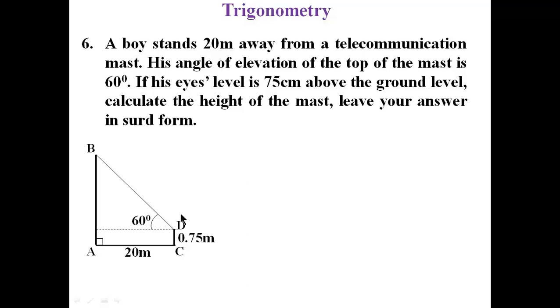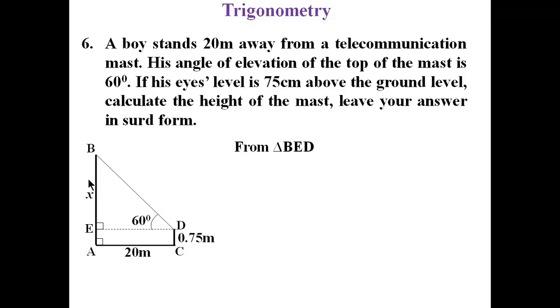So from here we take the normal of the sight of the boy on the mast to be E. Now from triangle BED, we are going to calculate BE, and we call it X.